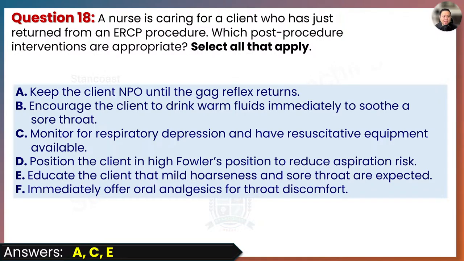And also, we have letter D, position the client in high Fowler's position to reduce aspiration risk. Well, the patient should remain in lateral position until fully awake. So high Fowler's is not going to help at all. We have letter F, immediately offer oral analgesics for throat discomfort.